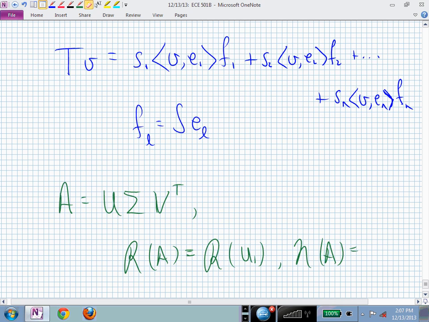That's really what it is, but let me just say the span of the vectors in U1. The null space of A is spanned by the orthonormal vectors in V sub 2, where U1, V2 come about by the non-zero singular values in sigma, this potentially rectangular matrix.